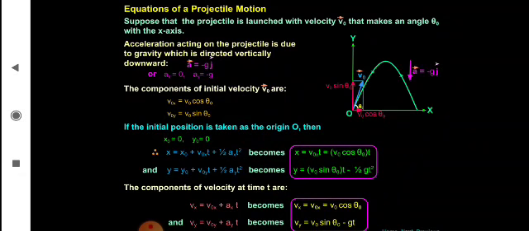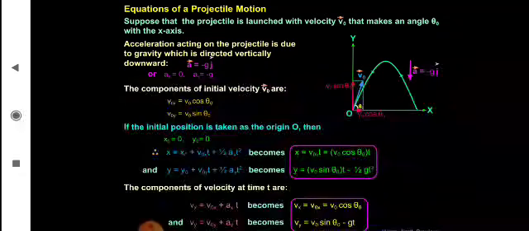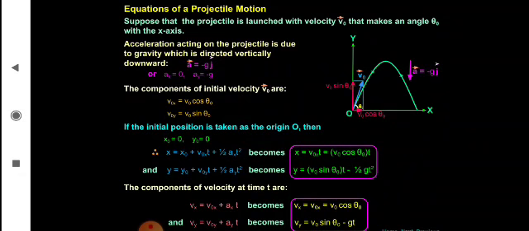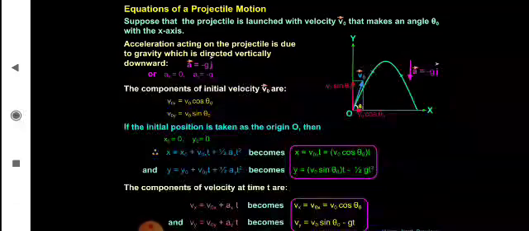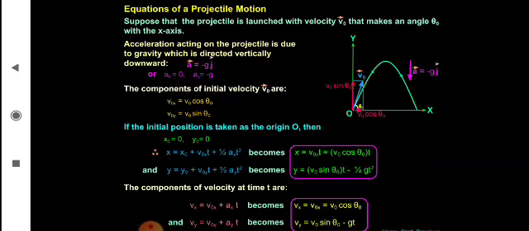So acceleration along the x-axis is 0. Acceleration along the y-axis is minus g, and v naught x is equal to v naught cos theta naught, v naught y is equal to v naught sin theta naught. That is the component of initial velocity, vector v naught.